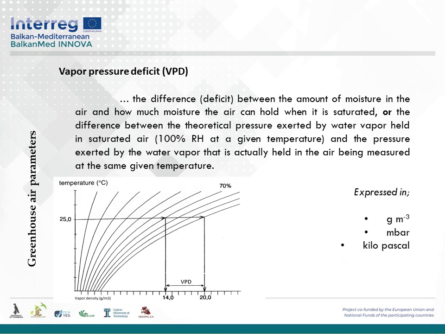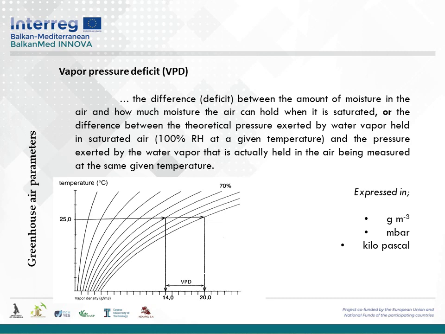which is expressing the vapor pressure deficit. There's a difference between the total water holding capacity of a certain greenhouse air, and this corresponds with the absolute humidity at 100% relative humidity, and the current absolute humidity of the same greenhouse air.